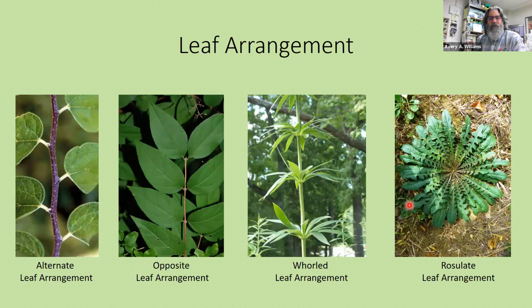So very aggressive kind of weeds produce basal rosettes like this. But anyway, this is called rosulate leaf arrangement. They produce this basal rosette. You may have seen something like a dandelion or a thistle that forms a little structure like this on the ground. Okay, so leaf arrangement.